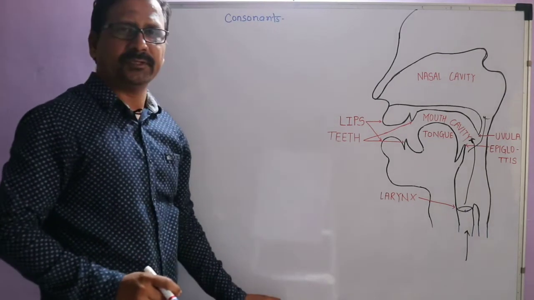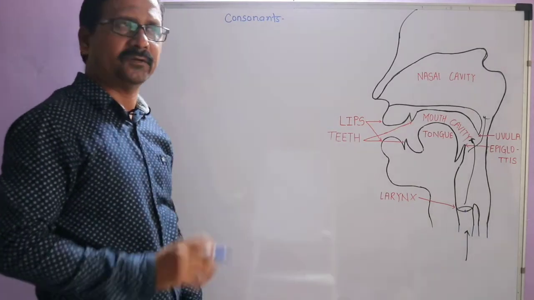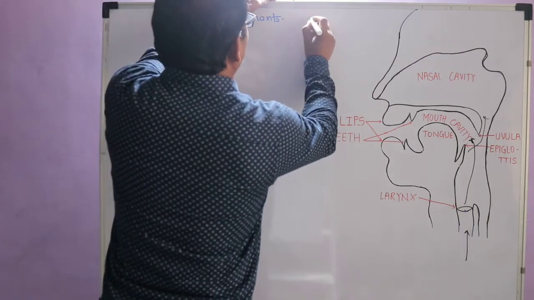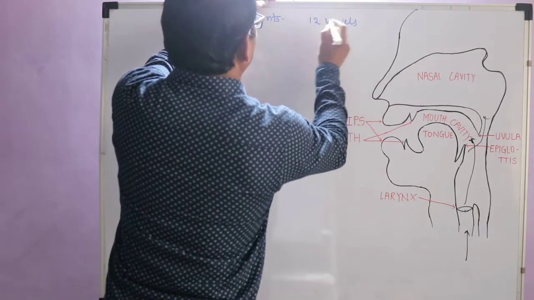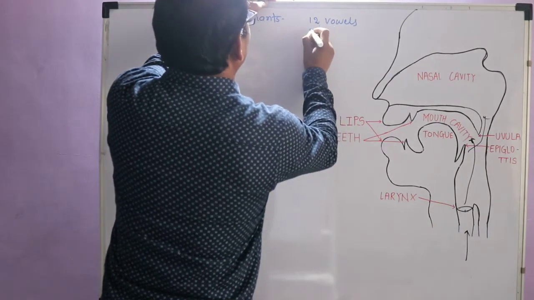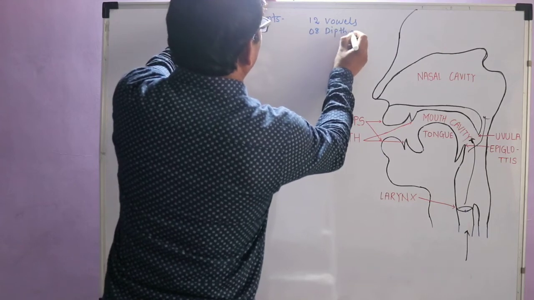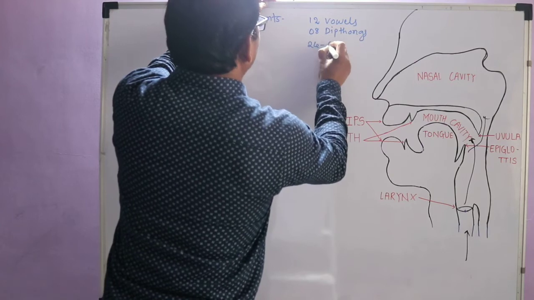So friends, you know that we have 44 sounds, and sounds are categorized into three. First one, we have 12 vowels, eight diphthongs, and 24 consonants.